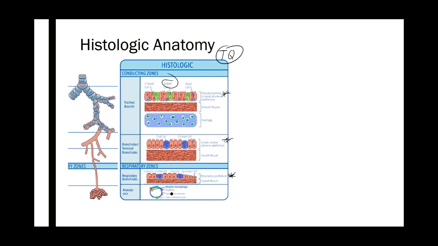What else? Capillary. I think that's all I want to say there. Obviously, there's cartilage in the trachea, right? You can feel that on your neck, but then that starts to disappear when you get down into these divisions.